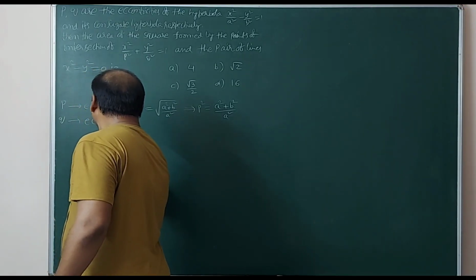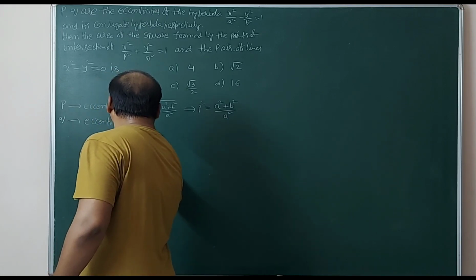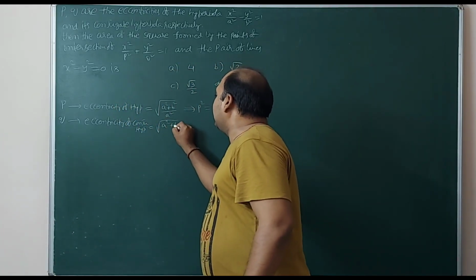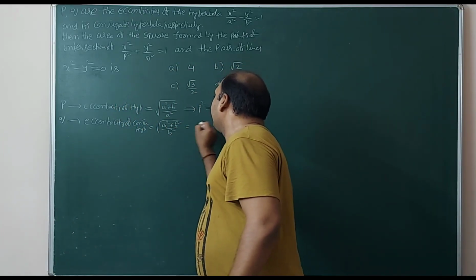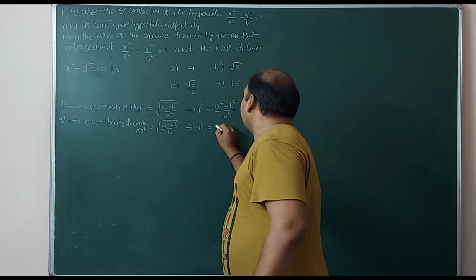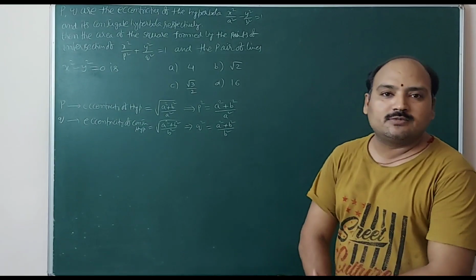Similarly, q is the eccentricity of the conjugate hyperbola, root over a square plus b square by b square. That implies, but I want q square now, so a square plus b square by b square it comes.